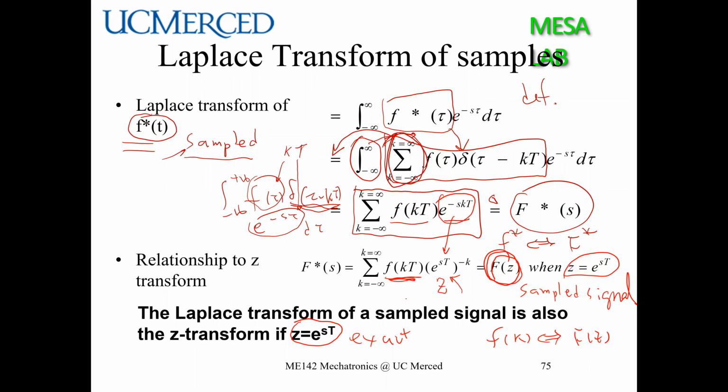It's called an exact relationship, and T is the sampling period. Okay, I'm going to move on. I don't think this is hard to swallow because everything is from definition, and the only trick we did is swap these two summations here.